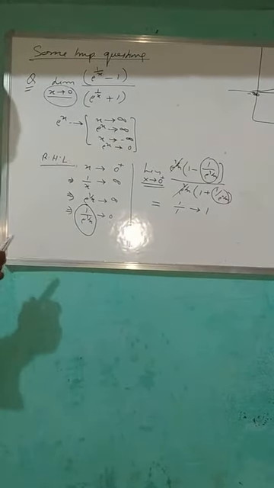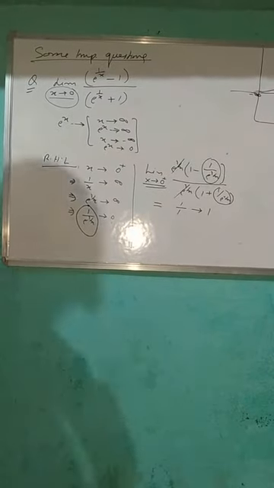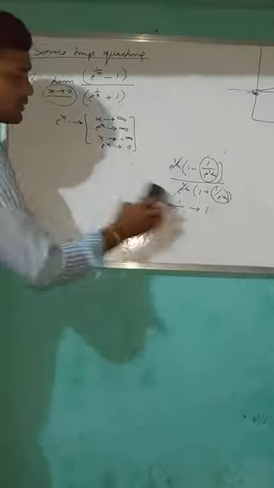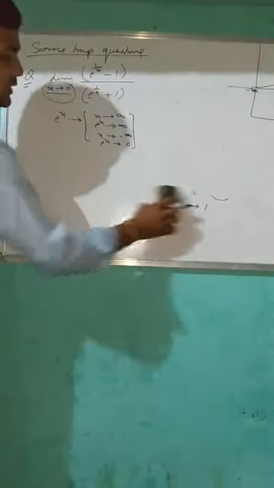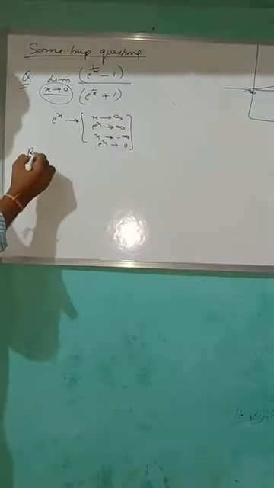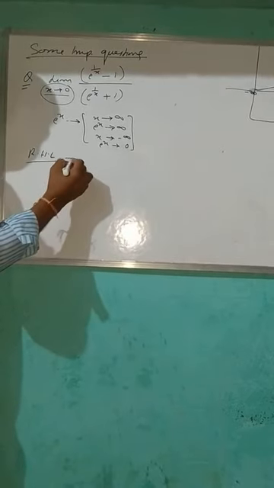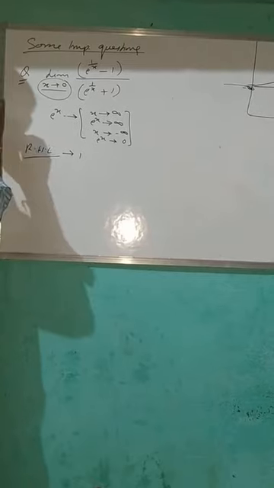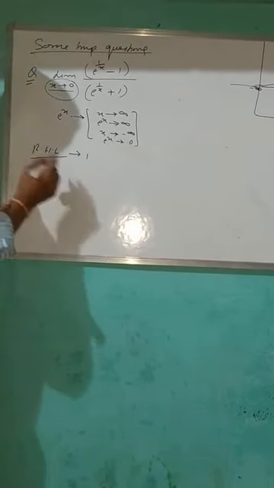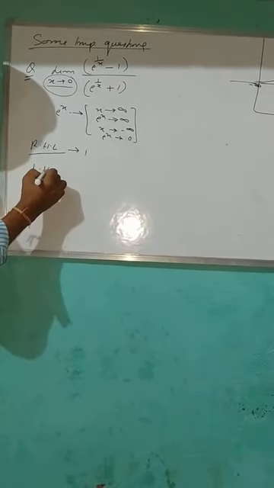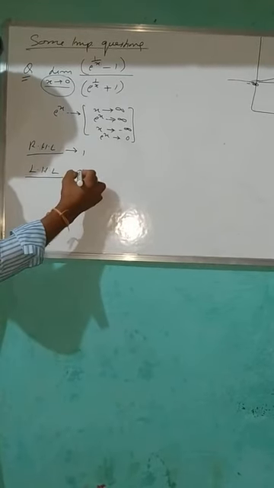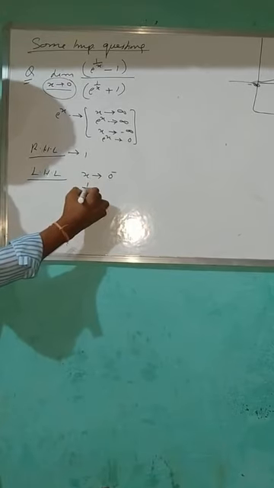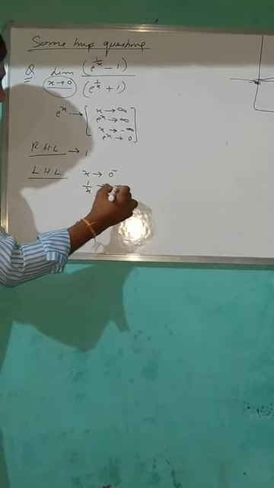Similarly, for the negative case, when we take the left hand limit, x tends to 0 negative and 1 upon x tends to minus infinity.